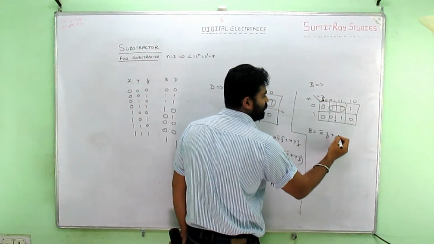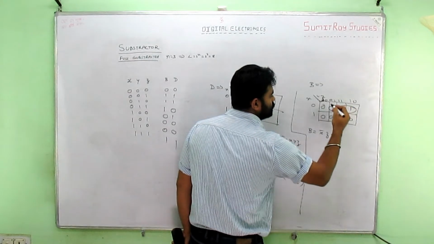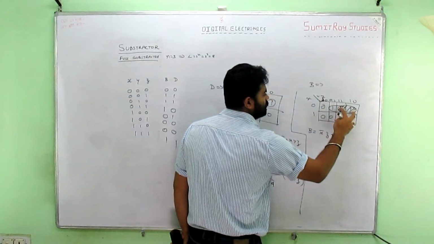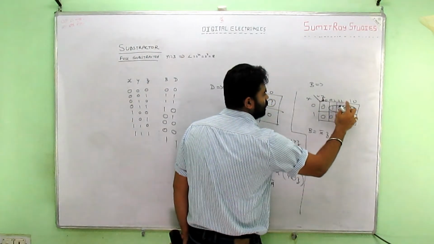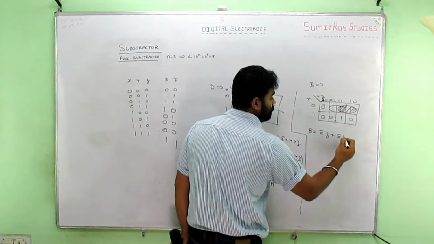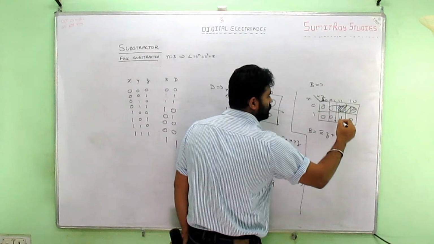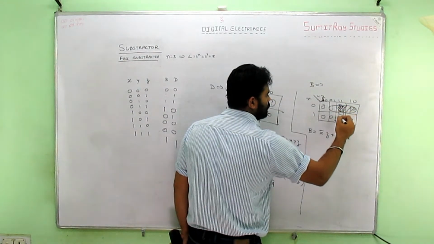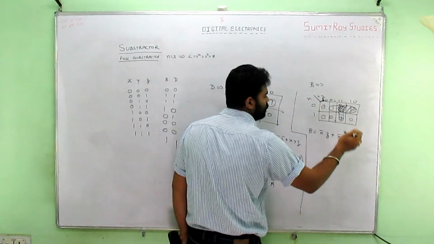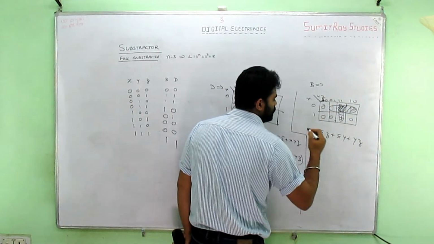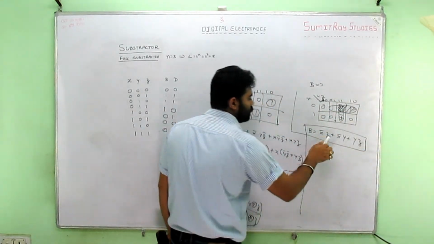So z plus, now I'll reduce this other part: again x bar is consistent, and in 1, 1 and 1, 0, the 1 is consistent, that is y. Plus this last part, where x is not consistent, only y and z are consistent, that is yz. So this is for borrow.